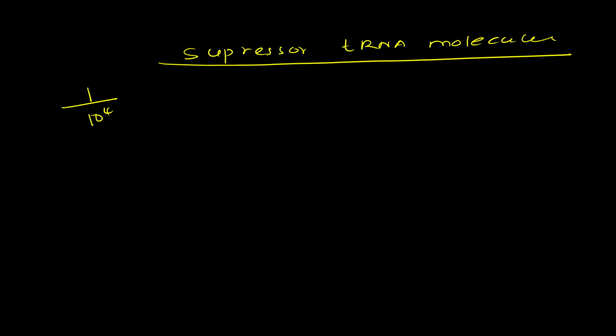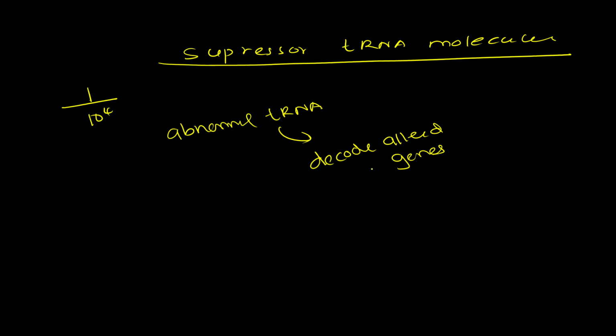But sometimes, mostly in prokaryotes and lower eukaryotes, there are abnormal tRNA, which have the capacity to bind and decode altered genes. These are known as tRNA suppressors because of the suppression that is being implied upon the altered genes.